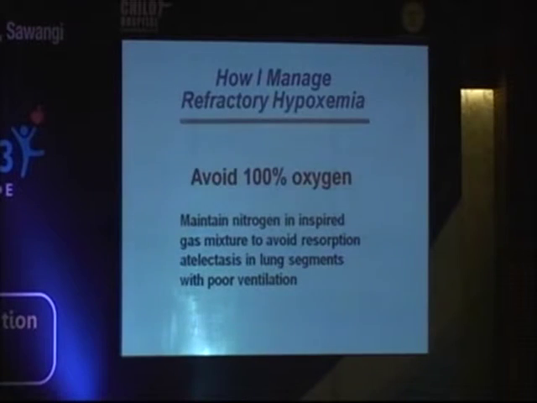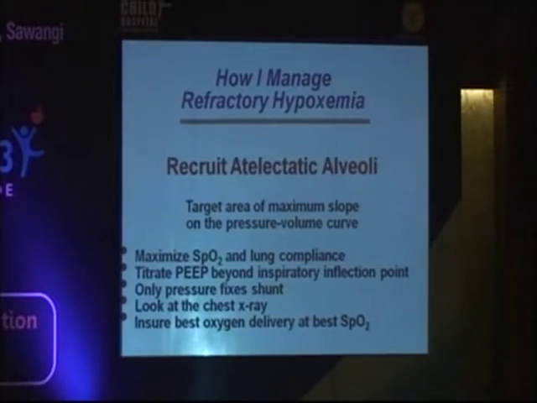So addition of some nitrogen into the inspired gas is usually beneficial. If a patient requires 100% oxygen, it is likely that you can reduce it to 90 or 80% right off the bat, because most of this is probably shunt, and turning the oxygen to 100% for long term will not make any difference anyway. So wean the oxygen as you can.